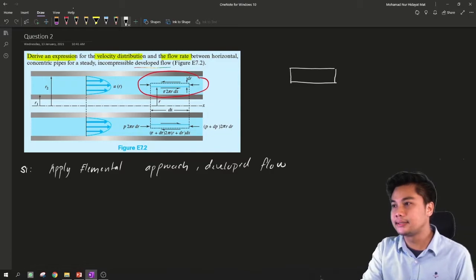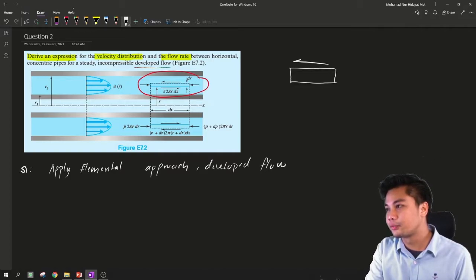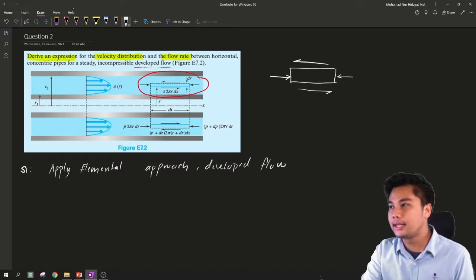From this case, we have the shear stress. The flow is from left to right, so we have the shear stress pointing to the left, and then we have the shear stress in this direction as well, as well as the pressure force. We have the force here.